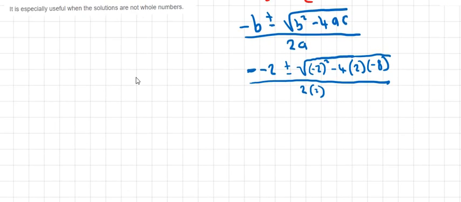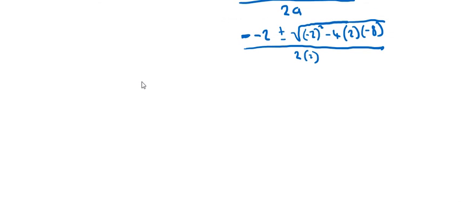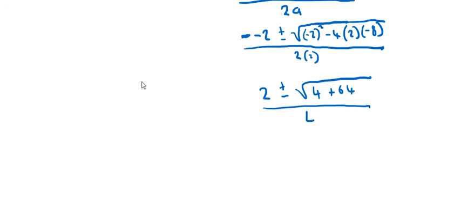So you can start to simplify a little bit then. The minus minus 2, that'll just be a plus 2, because minus minus makes plus. And then minus 2 squared would be 4, and then if you multiply minus 4 by 2 by minus 8, you should get 64, all over 4.